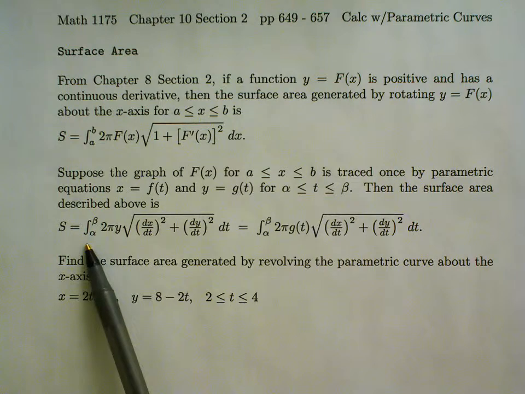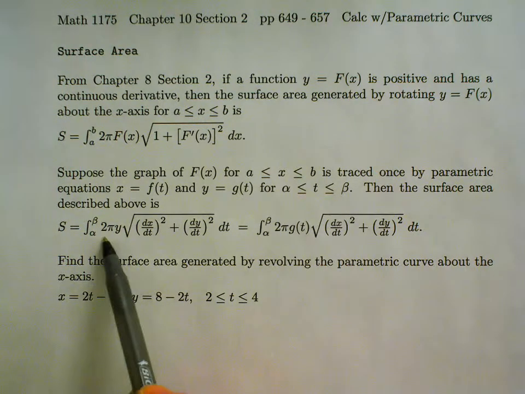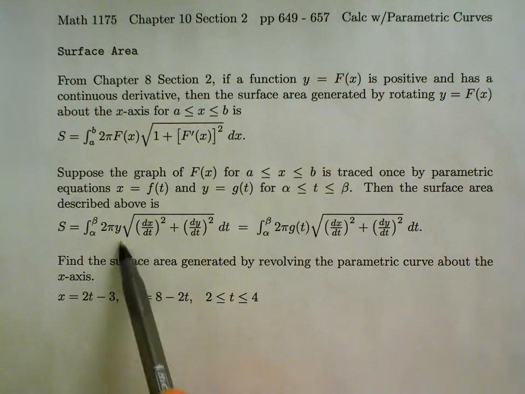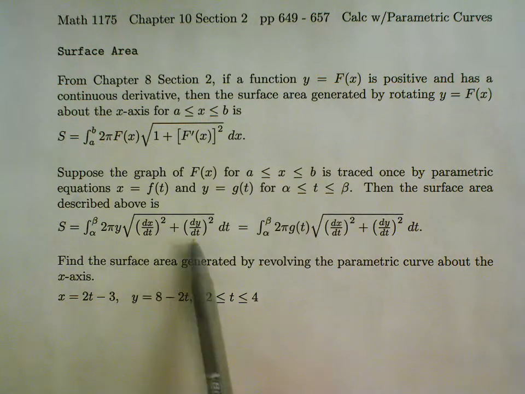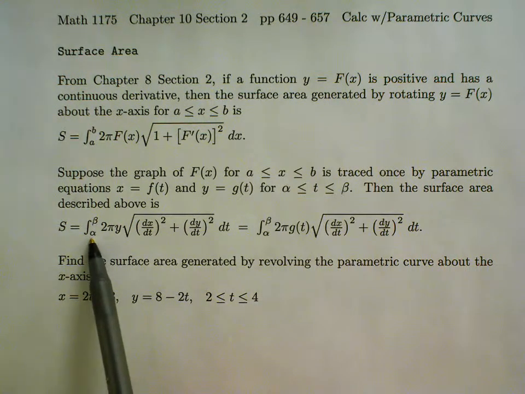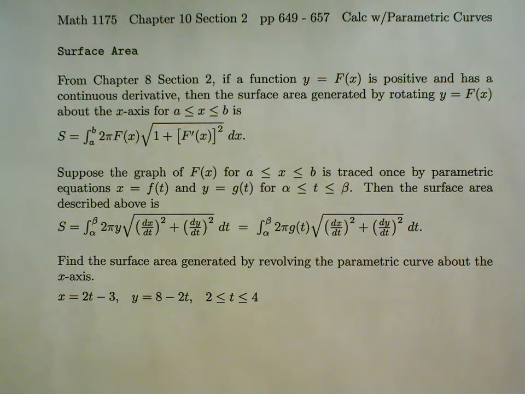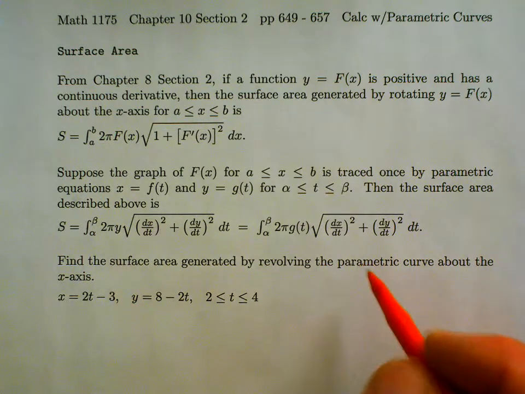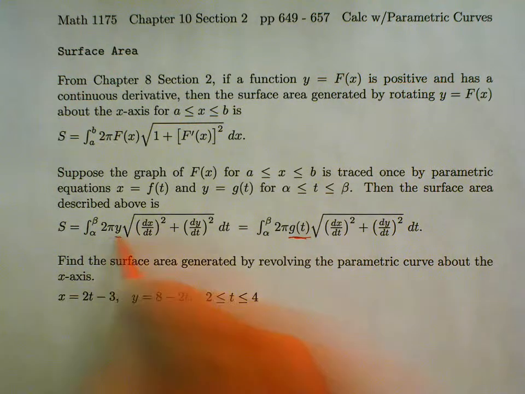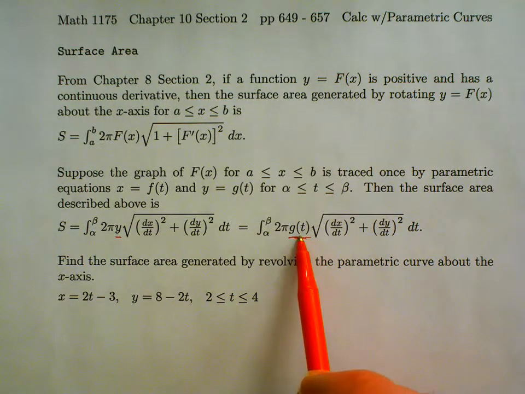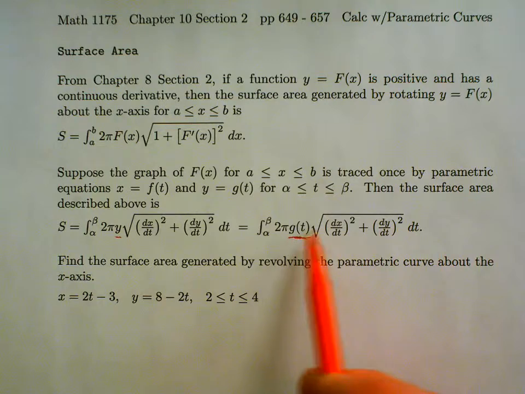It's the definite integral of 2 pi times y times the square root of dx dt squared plus dy dt squared, as t ranges from alpha to beta. Equivalently, since y equals g of t, that's what we want to put here anyway, we want to put what g of t is.